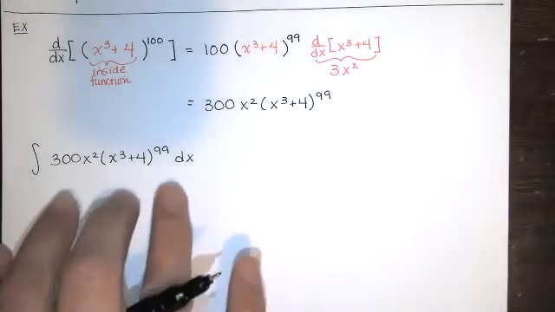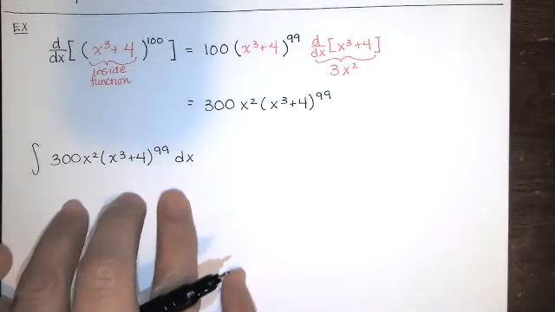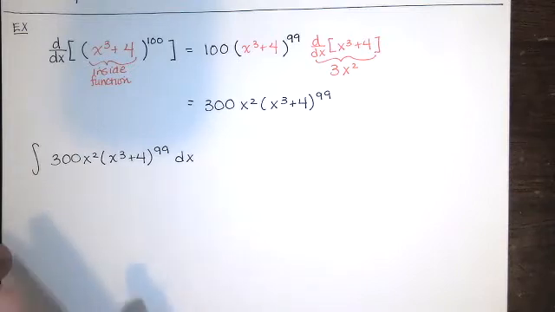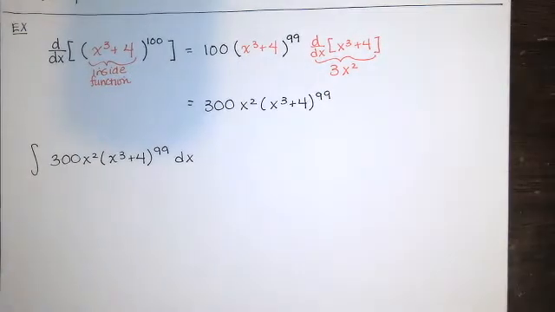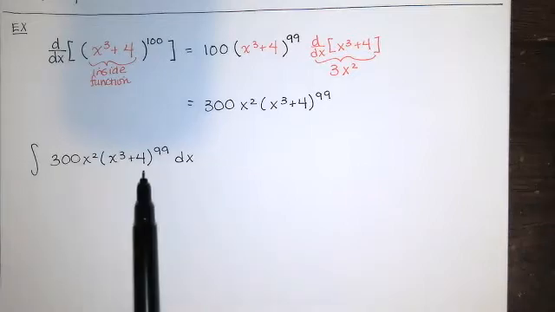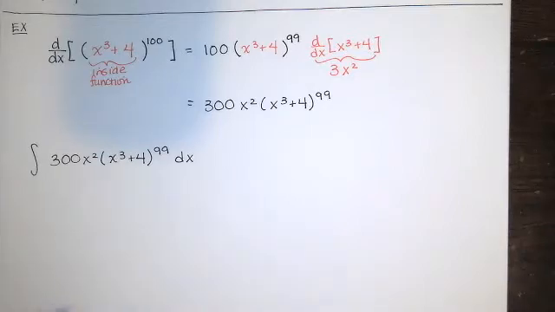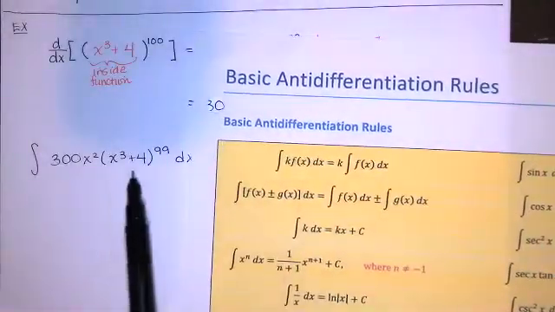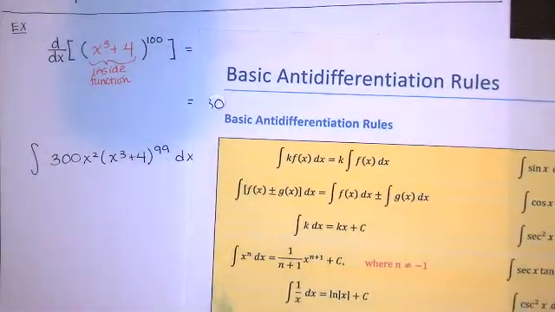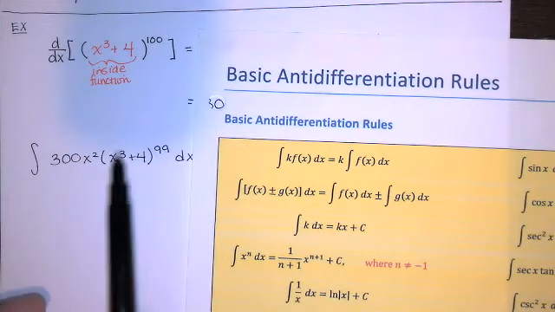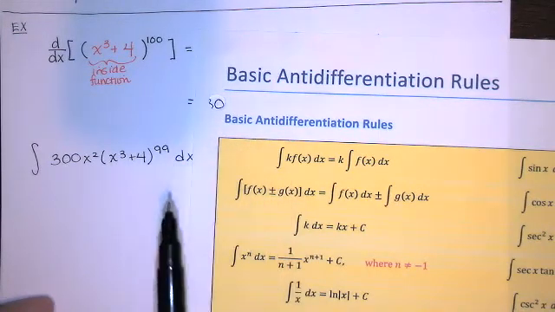Now, if somebody presented me with this integral, the first thing I would ask myself is, do my basic rules apply? Well, I don't have any basic rules for products, so we don't have a product rule. Let's see, I've got polynomial functions. I've got a binomial raised to the 99th. Remember we talked about that technique. If this was squared, I could write it twice and FOIL.